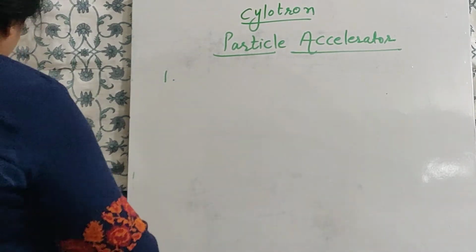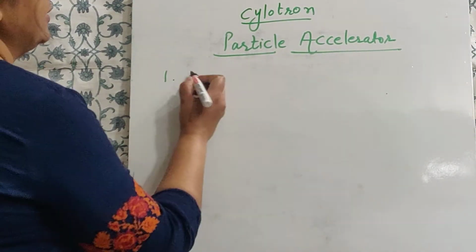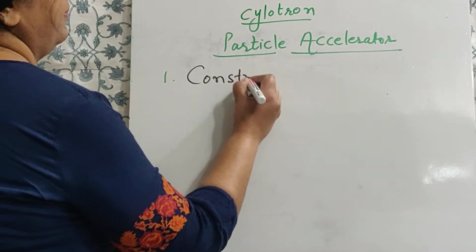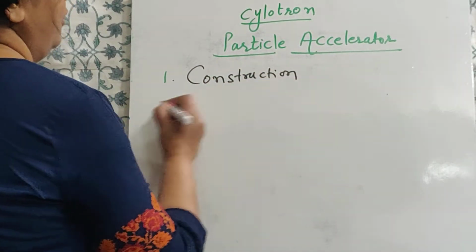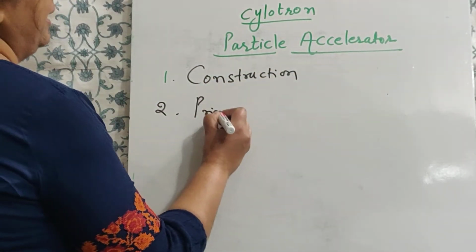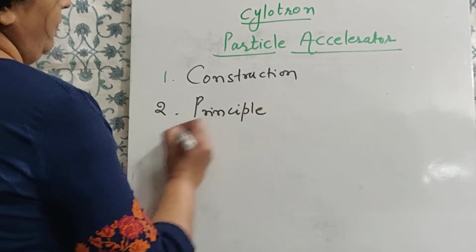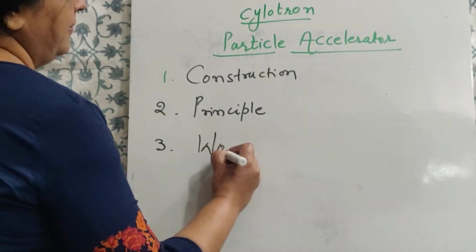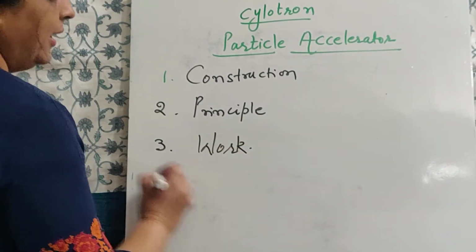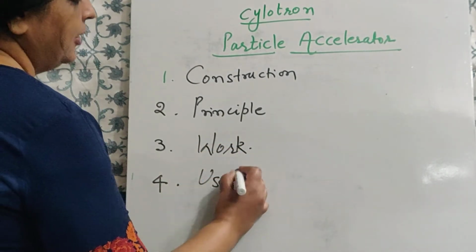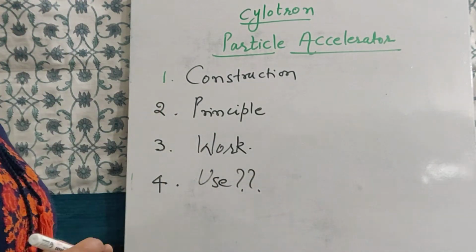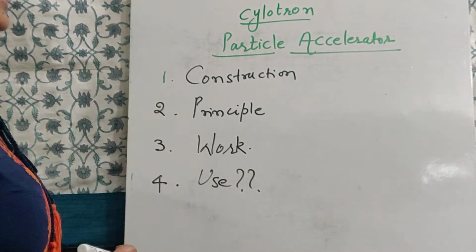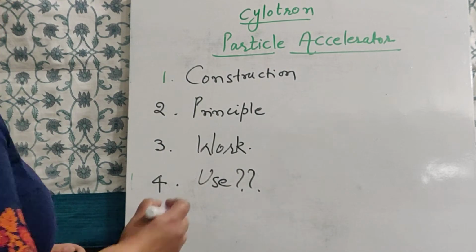One is, what is its construction? Then, what is the principle of working? Then the third thing that we should know is, how does it work? And the fourth thing is, what is its use? So we will be understanding all these four things right now.